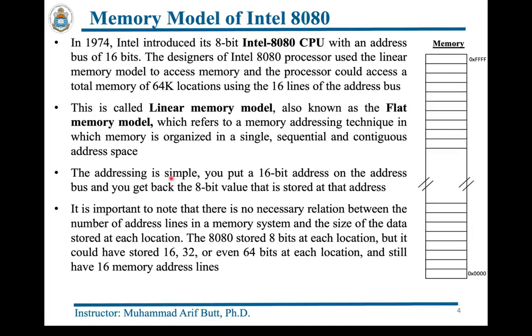And please do note that there is no necessary relation between the number of address lines in the memory system and the size of the data stored at each location. 8080 stored 8 bits at each location, but it could have stored 16, 32 or even 64 bits at each location and still have a 16-bit memory address line.